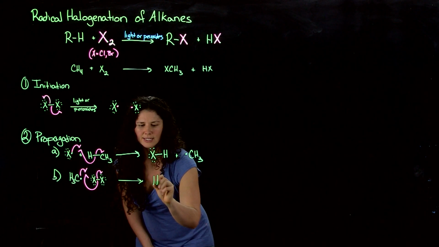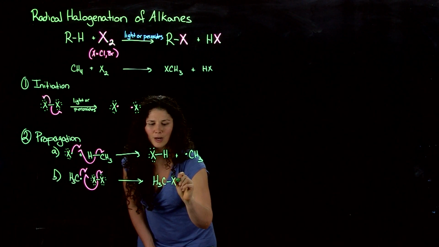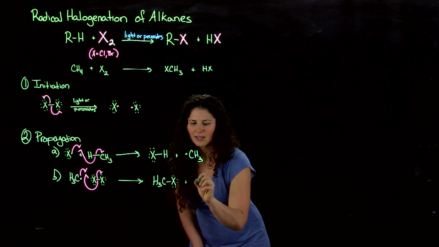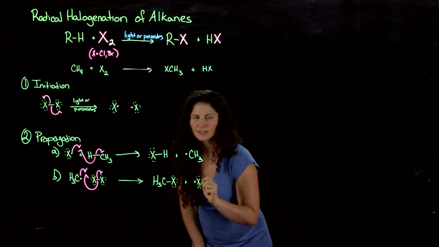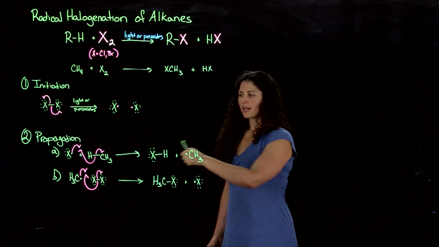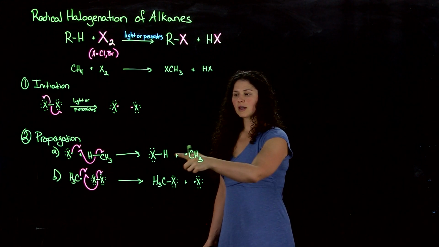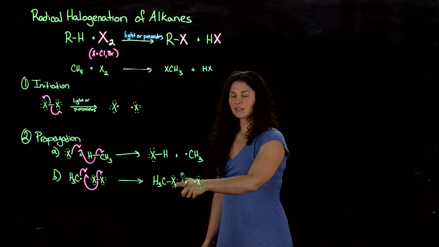So from this, I get my alkyl halide with a new bond to the halogen, and I get a new halide radical out of this step. Once again, I put a radical in and I got a radical out. Now I've got both of my products: my acid halide product and my alkyl halide product.